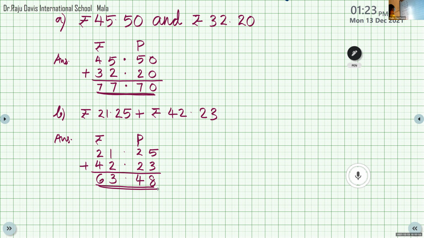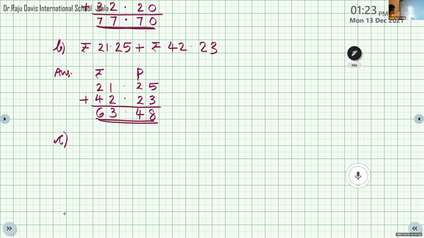Yes. Okay. So C, we have 27 rupees 17 paisa plus 12 rupees 12 paisa. 27 rupees, 17 paise.